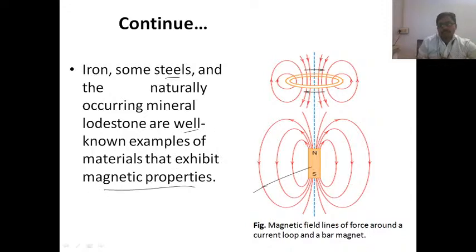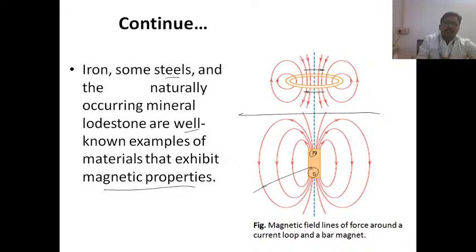Suppose it is a magnet, so it will have a north and a south pole. You will have magnetic lines which start from the north pole and end at the south pole. This is for a magnetic material which exhibits magnetic behavior at normal condition.